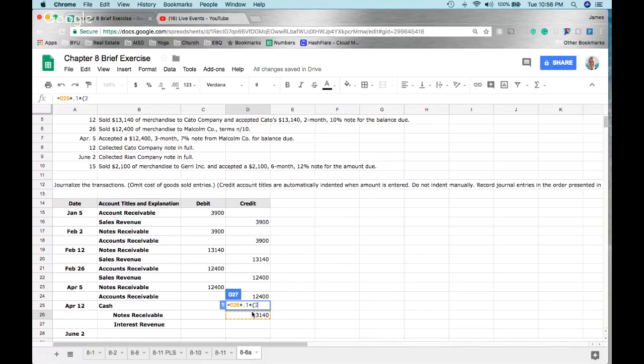So 2 divided by 12. It would be $219. So the total cash will be notes receivable plus the interest, $13,359.